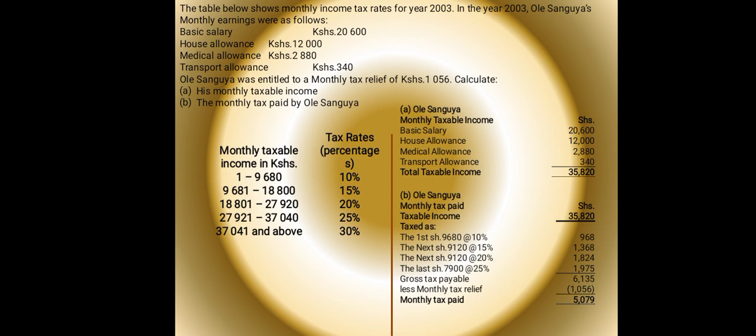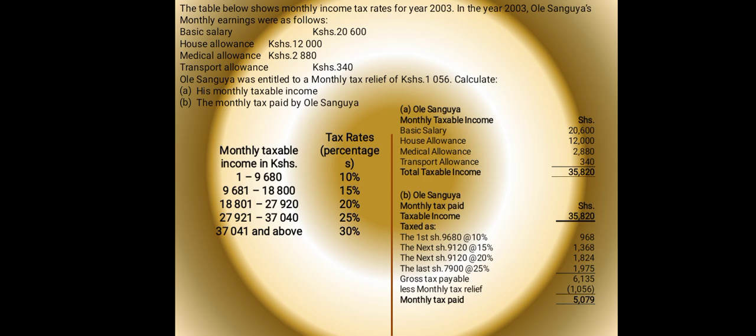The table below shows monthly income tax rates for the year 2003. In the year 2003, Ole Sanguya's monthly earnings were as follows. Basic salary 20,600 shillings, house allowance 12,000 shillings, medical allowance 2,880 shillings, transport allowance 340 shillings.